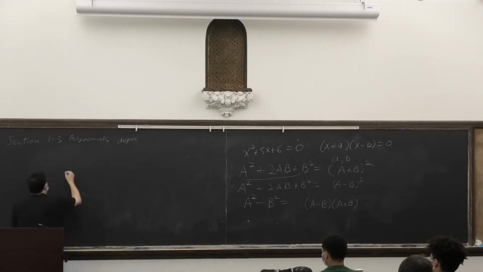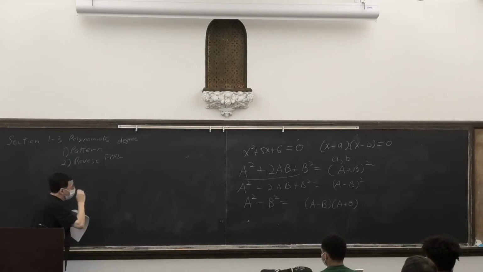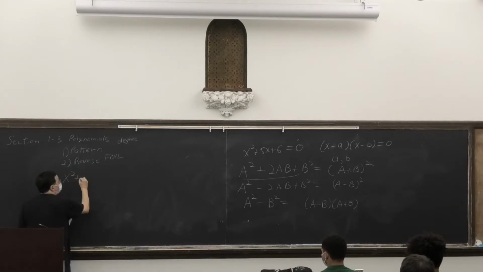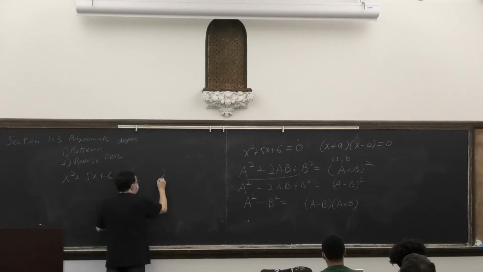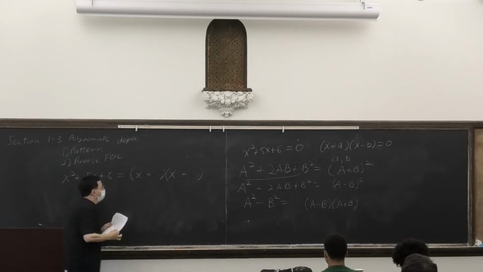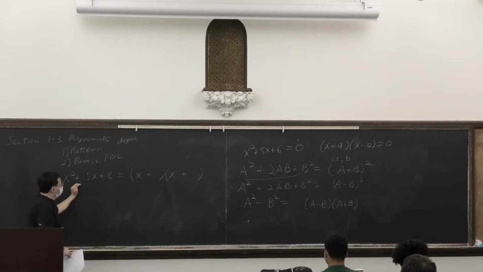Okay, so the next strategy, let's say pattern matching. The second strategy is reverse FOIL. For our particular example here, x squared plus 5x plus 6, we want to find numbers that fit here. So how do we go about finding those numbers?